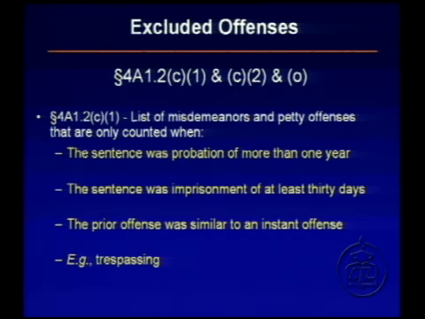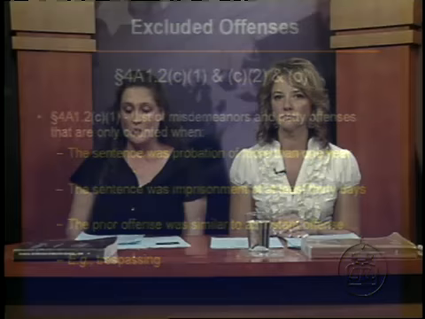So they have to meet a particular criteria in order to be counted for the purpose of criminal history. Now we have some instruction under 4A1.2(a)(2) regarding the calculation of criminal history points under 4A1.1(a), (b), and (c).